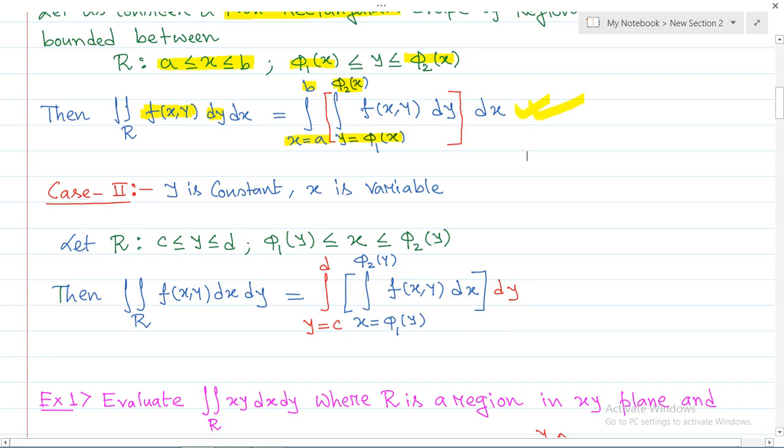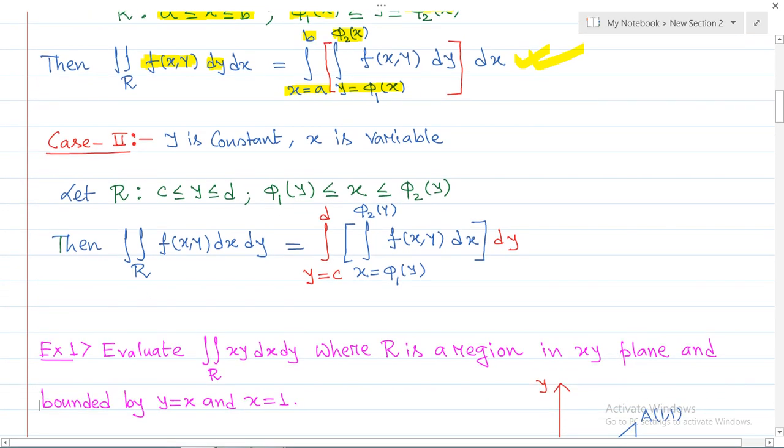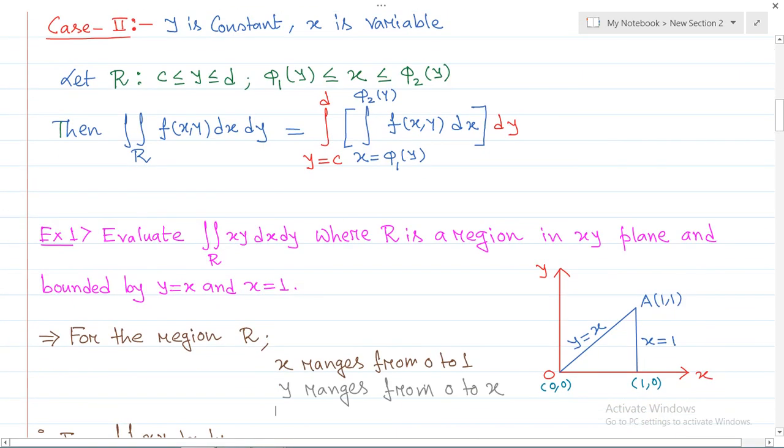Now let us come to case number 2, where y is constant and x can be a variable limit. A similar thing happens here. Suppose for the region R placed in the xy plane, the y limit is constant, c to d, and the limit of x depends on a function of y, phi1 y to phi2 y.